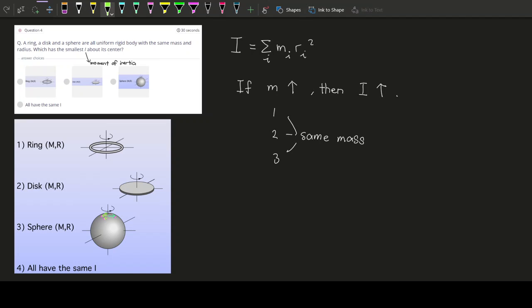You add them all up and you get your moment of inertia. So if the mass is far away from the axis of rotation, you get a greater moment of inertia.